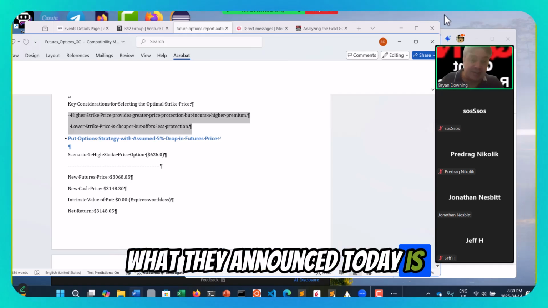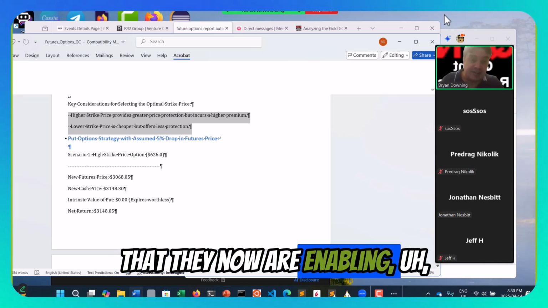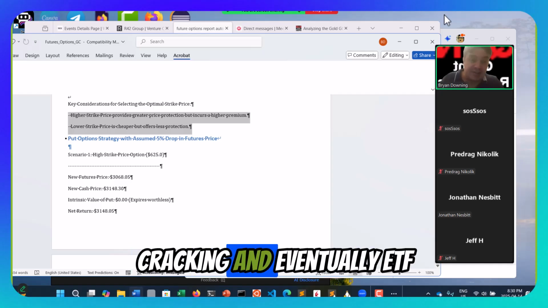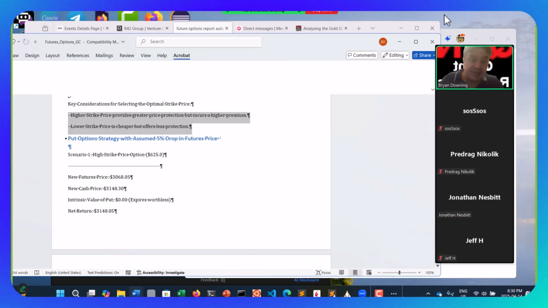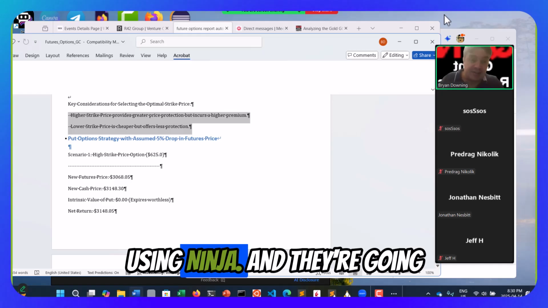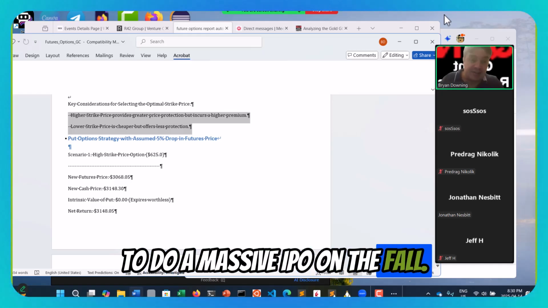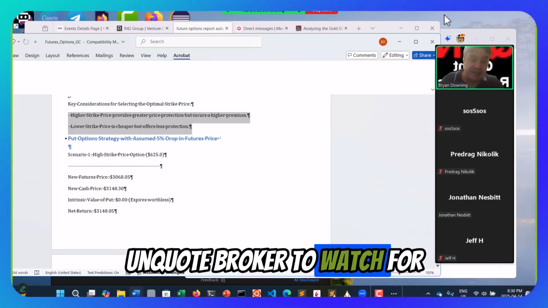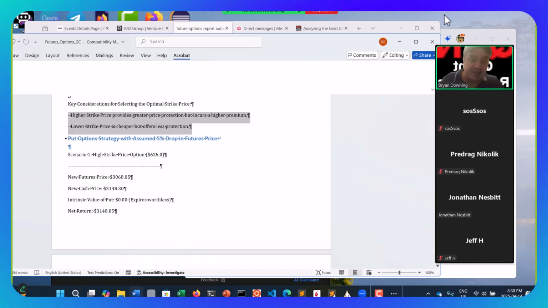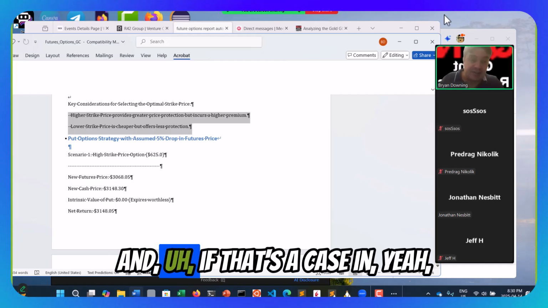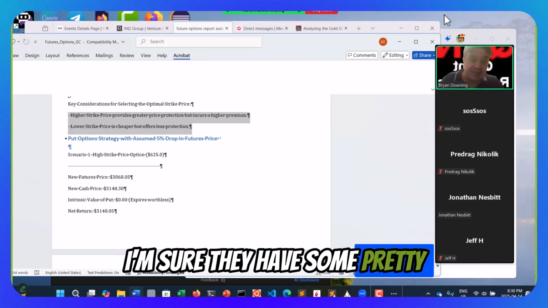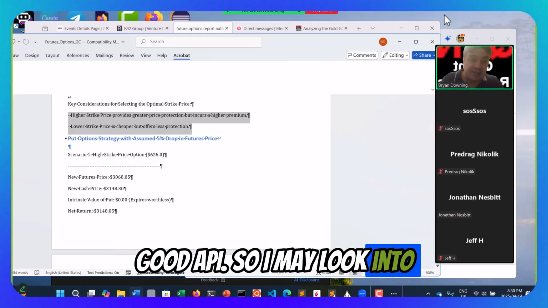What they announced today is that they are now enabling stocks on Kraken and eventually ETFs using Ninja, and they're going to do a massive IPO in the fall. So the exchange, quote unquote broker, to watch for now is Kraken. If that's the case, then yeah, I'll look at Ninja as well. I'm sure that they have some pretty good APIs, so I may look into that.